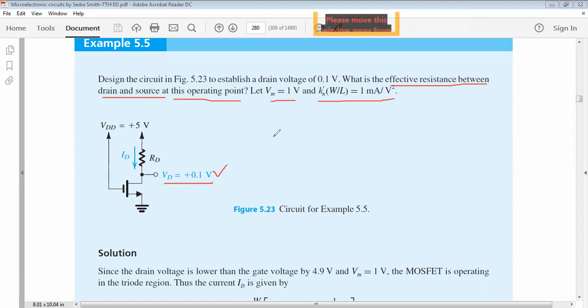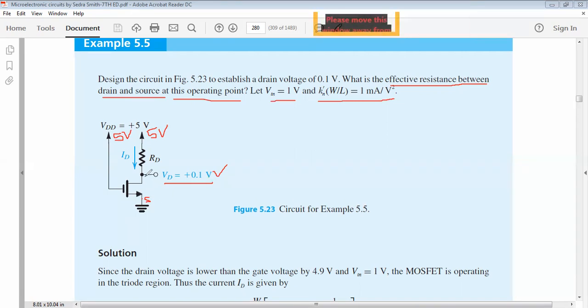Okay, once again, observe the circuit diagram. Here the gate terminal is directly connected to VDD, that is equal to 5 volts. And the drain terminal is also connected to VDD indirectly through resistor RD, 5 volts. The source terminal is directly connected to ground.